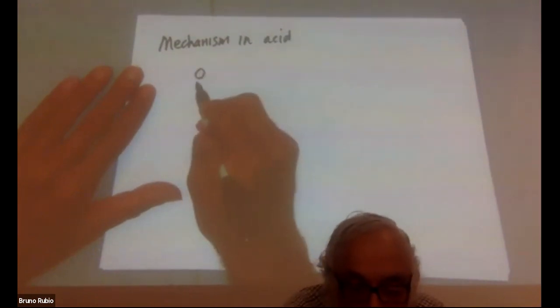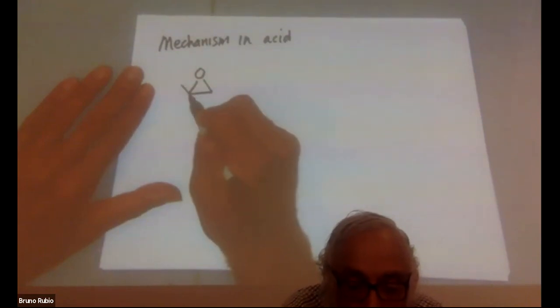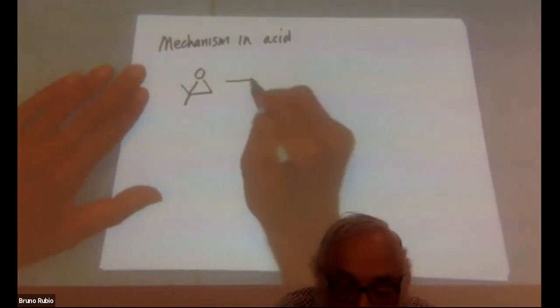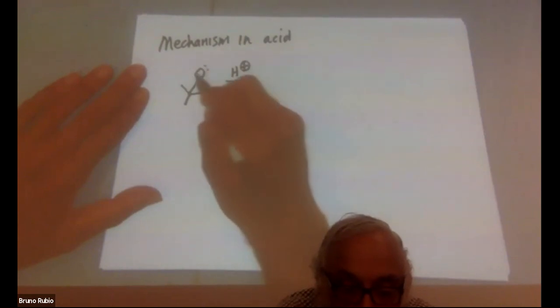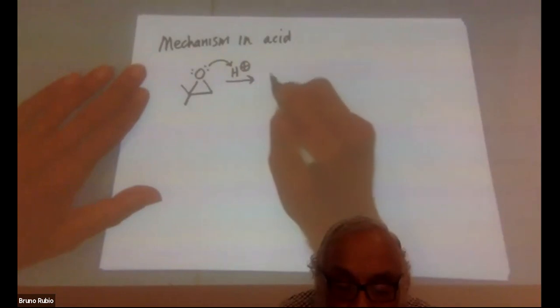So there's our epoxide. I'm going to give it a more substituted side and a less substituted side. First step is protonation of the epoxide oxygen by acid.